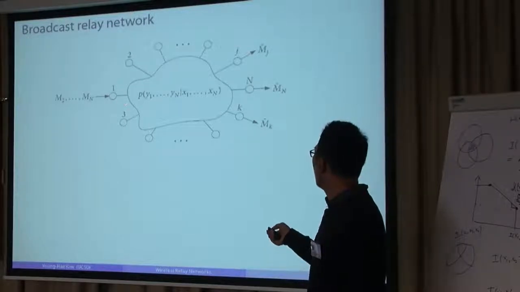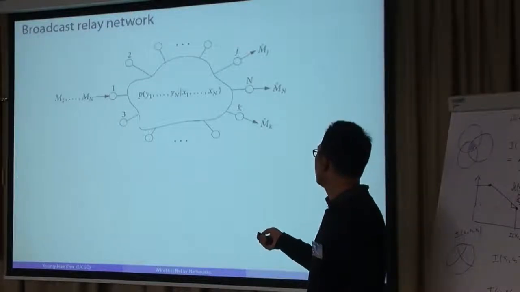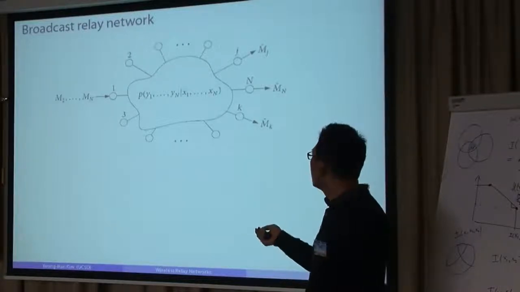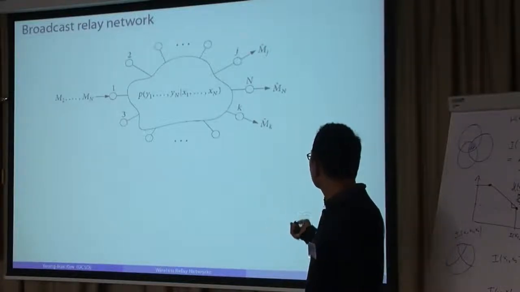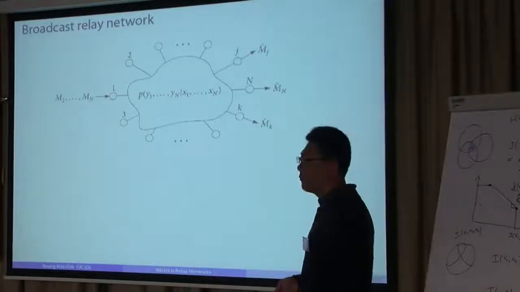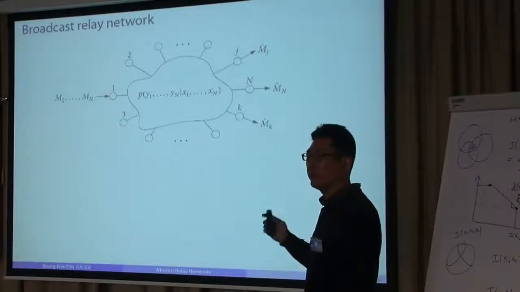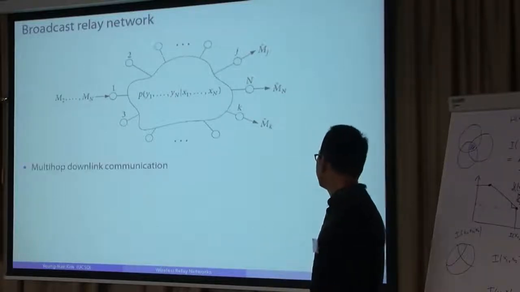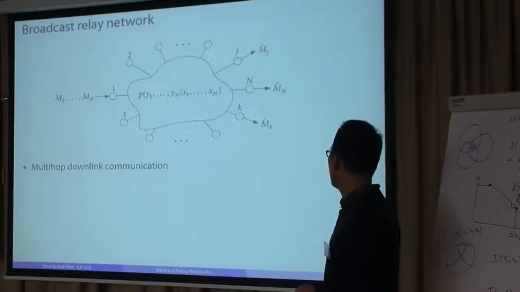And node 1 would like to send independent messages to be broadcast to a bunch of different nodes. So here we'd like to broadcast independent messages over the relay network. This is a simple model for multi-hop downlink communication.